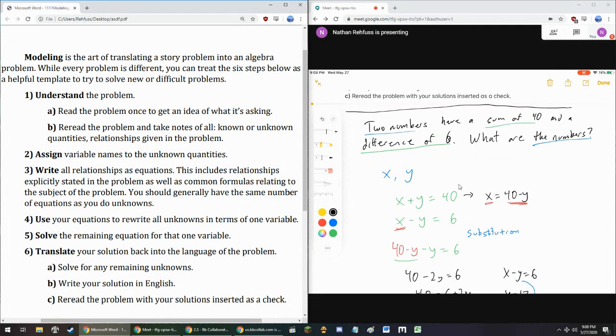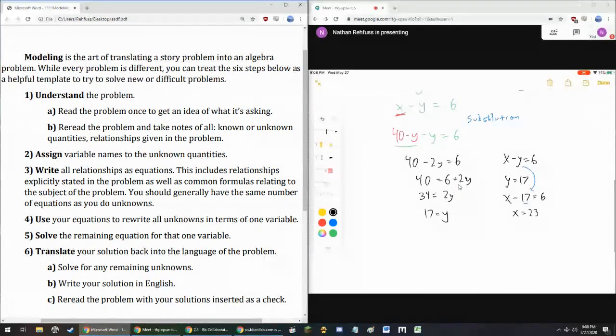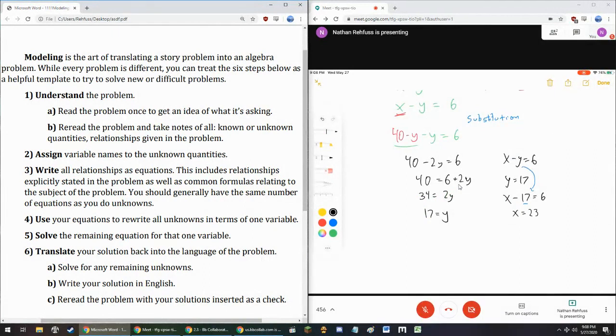You're not going to look at me dead in the eye and say, y equals 17, x equals 23. I didn't say anything about x and y. That wasn't in the prompt. We added those names so we could do math. You want to say something like, the numbers are 17 and 23. You want to answer the question in the same terms it was presented to you.